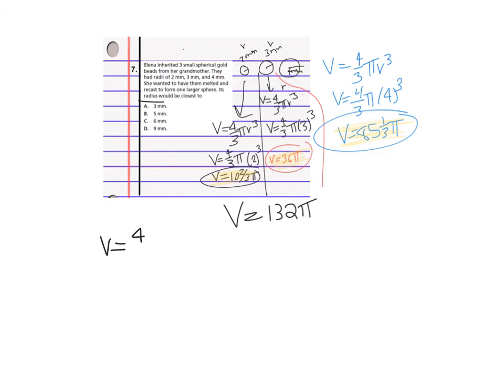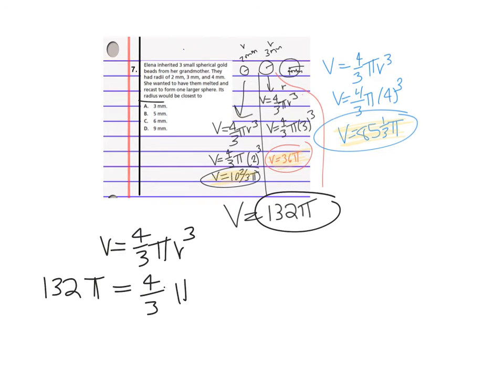So volume is 4/3 pi r cubed. We're going to put in that new volume, 132 pi, over here for V, and we're going to solve. So we can get rid of a pi on each side. Then let's divide by 4/3. So we're doing 132 divided by 4/3, and that gives you 99.